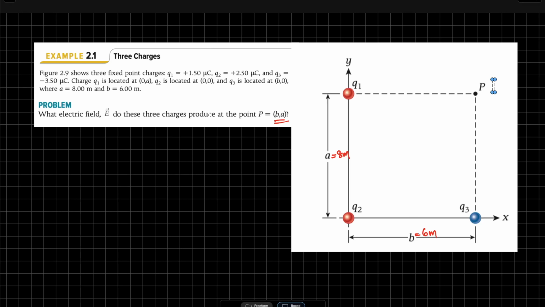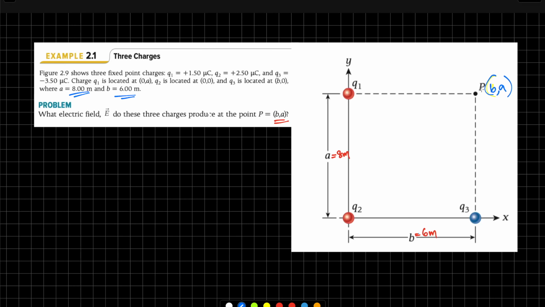Point P has coordinate (B, A). That means point P is B units on the x-axis and A units on the y-axis. B is 6 meters and A is 8 meters.